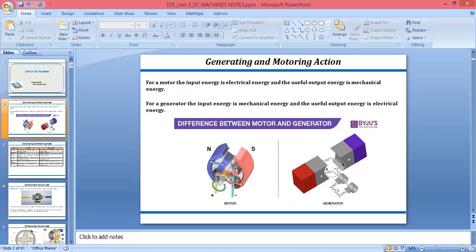For a DC motor, input is electrical energy and the output will be useful mechanical energy. And if you see the structure of the generator, it is converting input energy, that is nothing but mechanical, into electrical energy. So for the generator, input energy is mechanical and output is electrical energy.